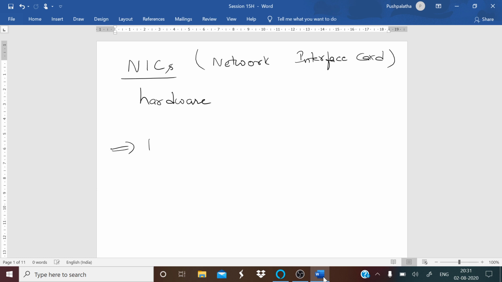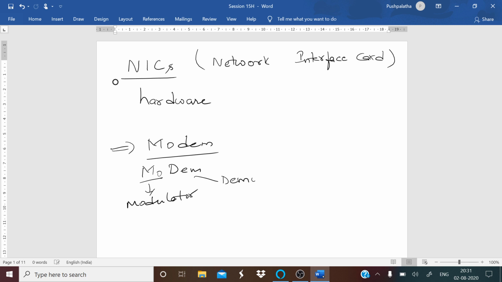The next term we have is the modem. Modem stands for modulator and demodulator.